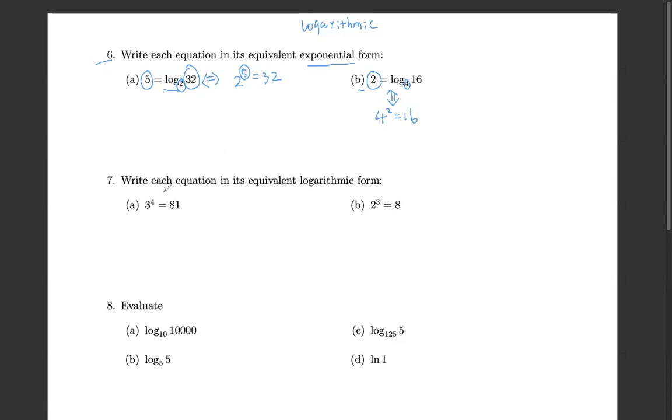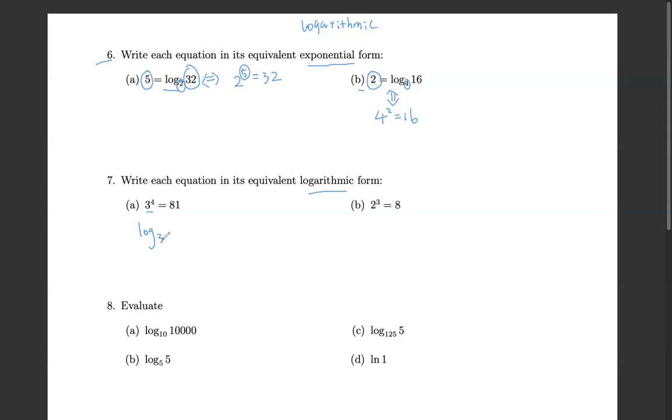Let's see 7. We want to write the exponential equation in log form. So the base in the exponential form is the base in the log. Look at where I read 3. I read the base at the foot of the log, very small.